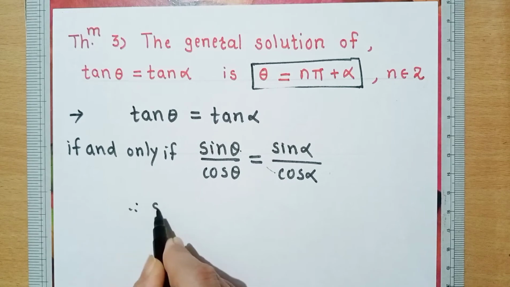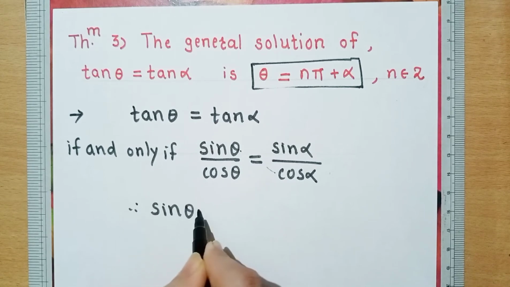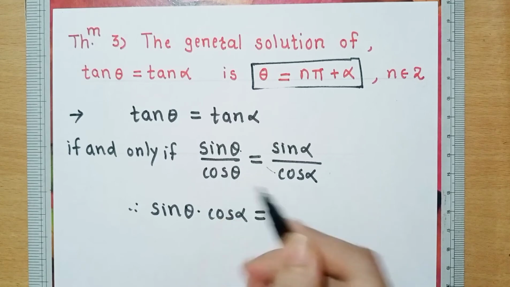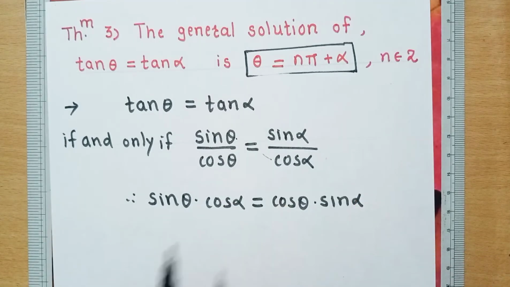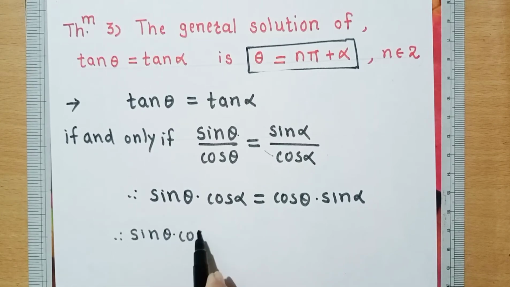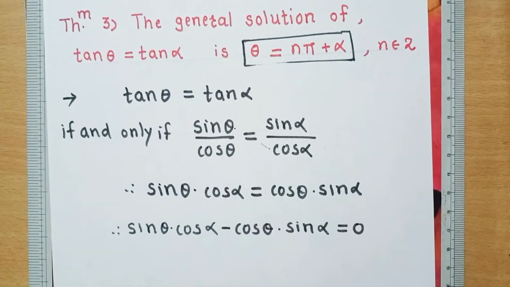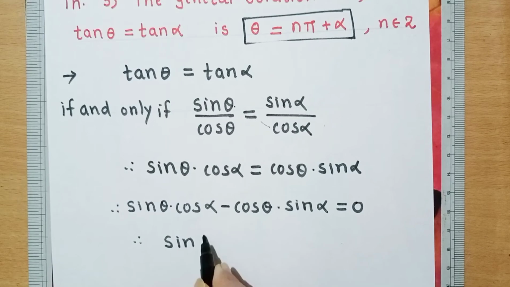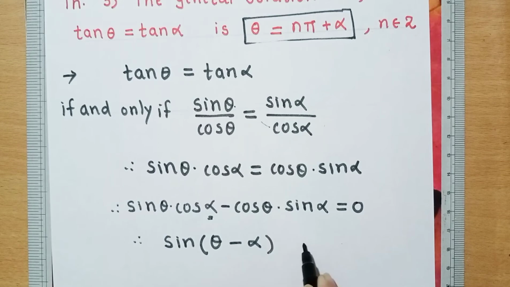So we have sin theta into cos alpha, and that is equal to, again moving this term to the left hand side, therefore sin theta cos alpha minus cos theta sin alpha, and this is the expansion of sine of first angle theta, middle sign minus, and then second angle alpha, that is equal to 0.